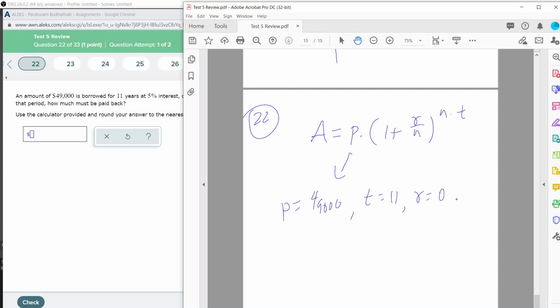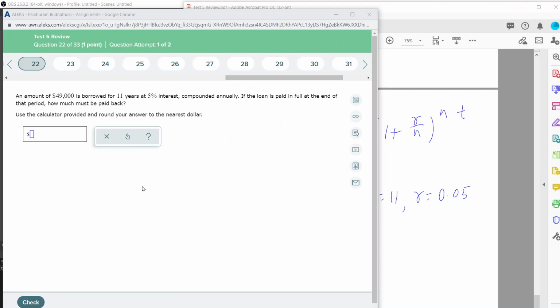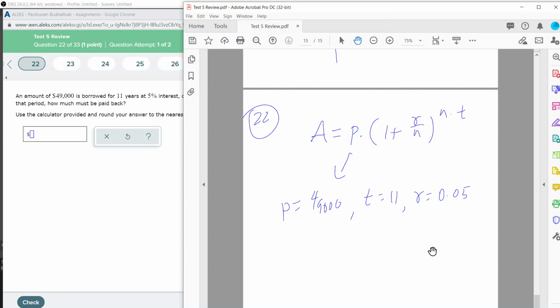Rate is 5%, which if you divide 5 by 100 is 0.05. Whenever you see the percentage sign, you need to divide that number by 100. Compounded annually, so the value of n equals 1.